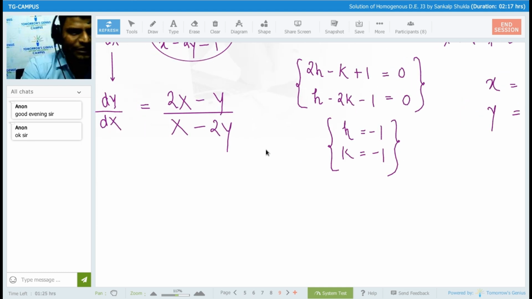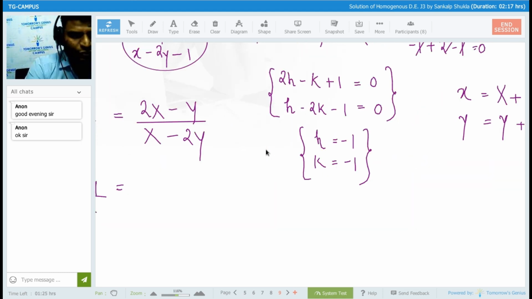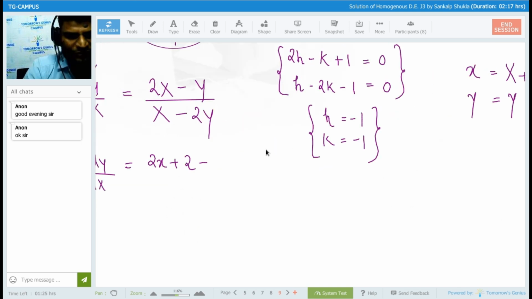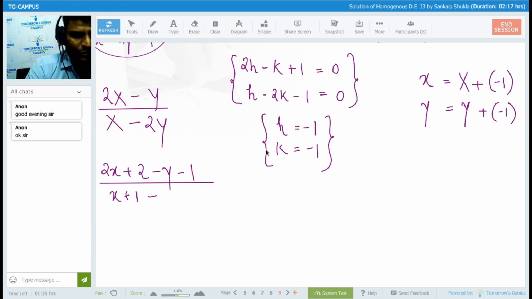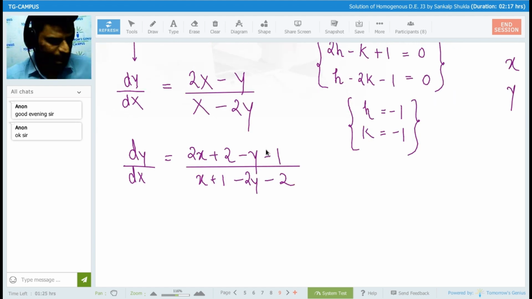So just plug in the values again and it will be dy by dx is equal to (2x plus 2 minus y minus 1) divided by (x plus 1 minus 2y minus 2). Okay, so in this manner you can solve this entire differential equation.